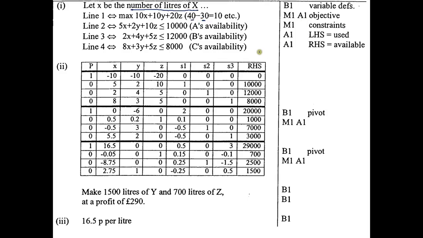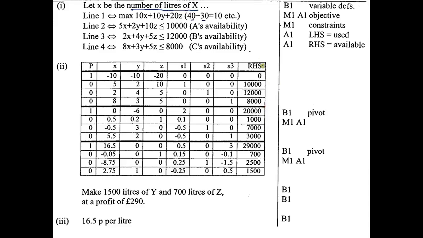There's 3 marks for the constraints, so again they've divided it up M1, A2, and the M1 is for getting a constraint right, and then the 2 there are for getting the other 2 correct. You didn't need to write them out with slack variables. I did because it explained the process to you, but they're quite happy for you to leave them like that as long as you understand that that's how they've gone into the Tableau down here.